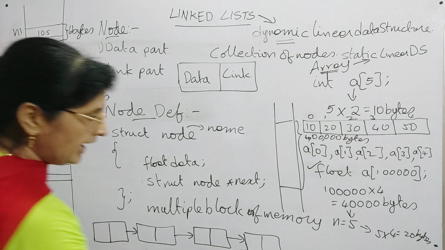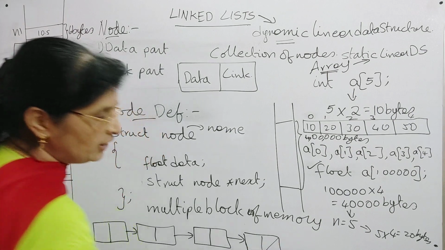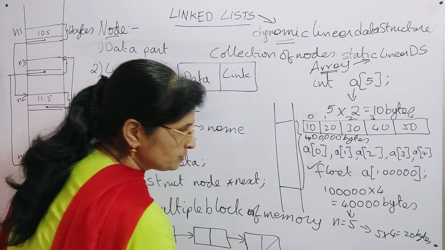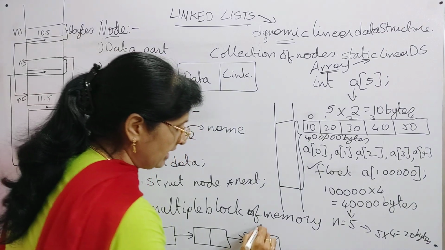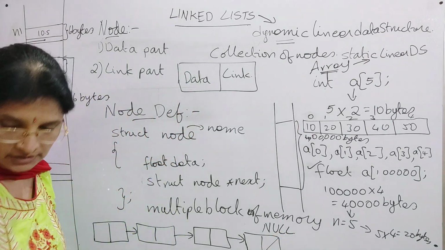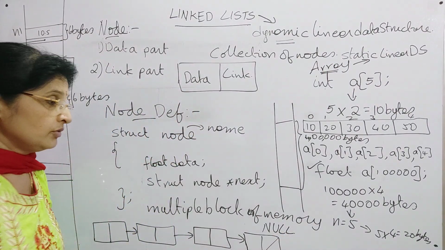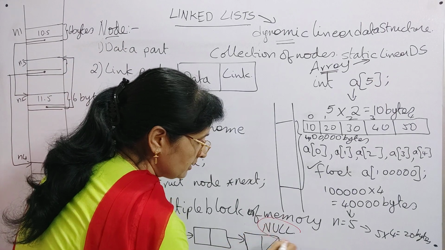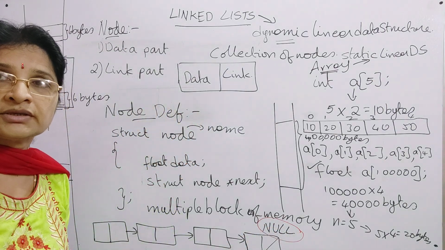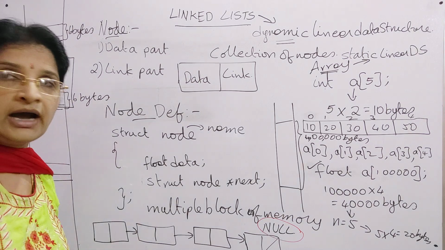At the end of the list, you have to specify it with null. So this is how you can use linked list for your different applications.